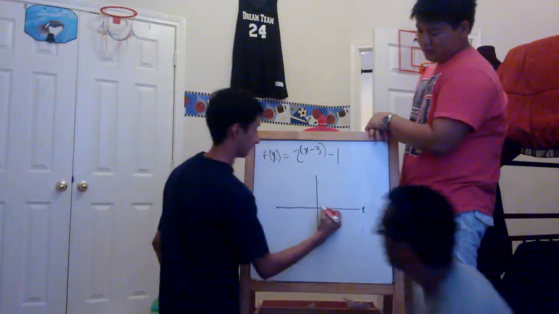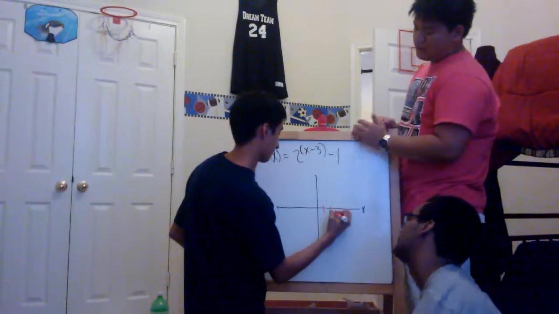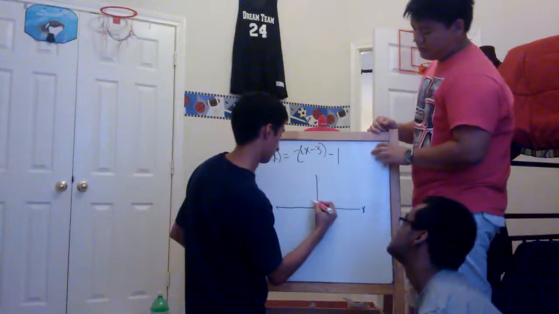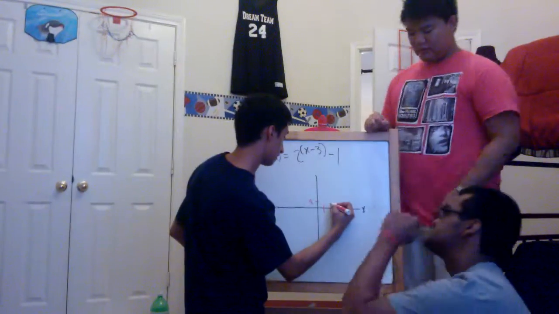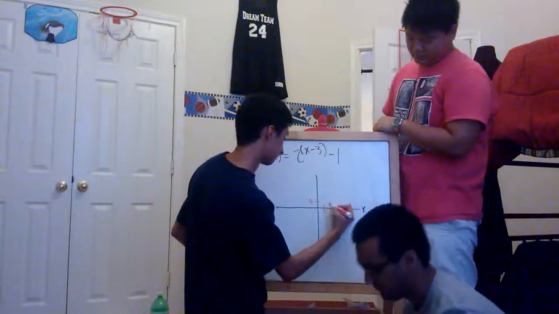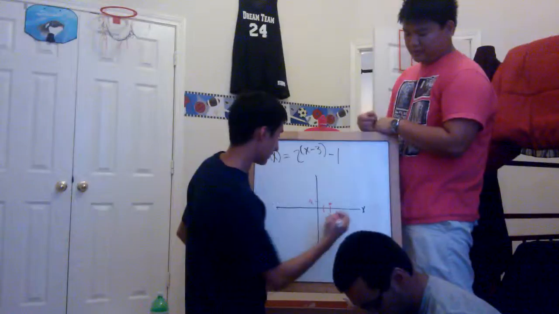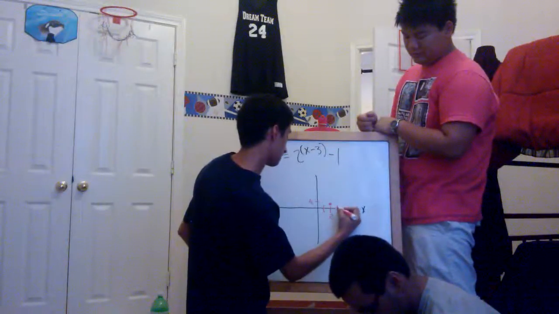So as we can see, the graph is going to shift to the right 3 units and shift down 1 unit. So the first point is at 2, 1/2. Second point will be at 3, 0.